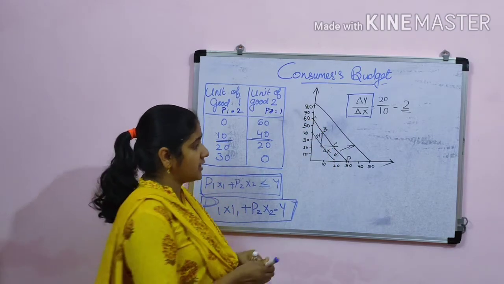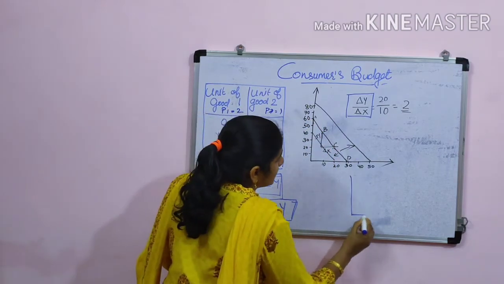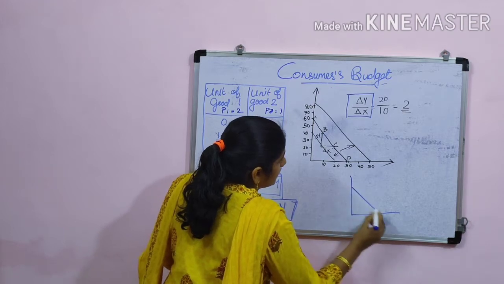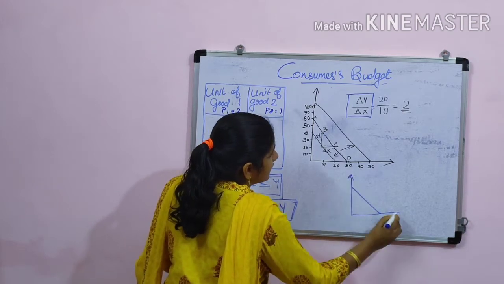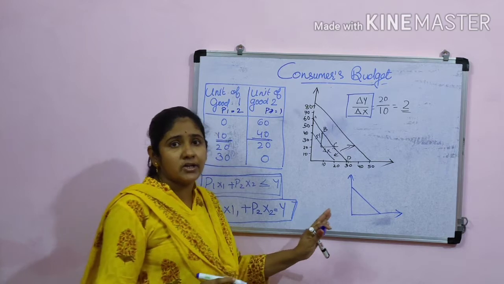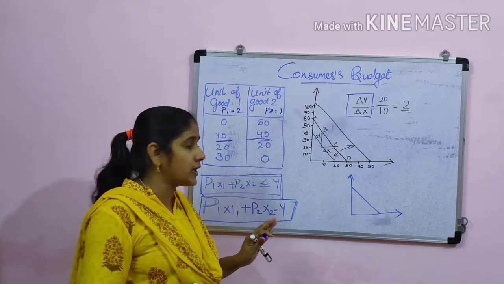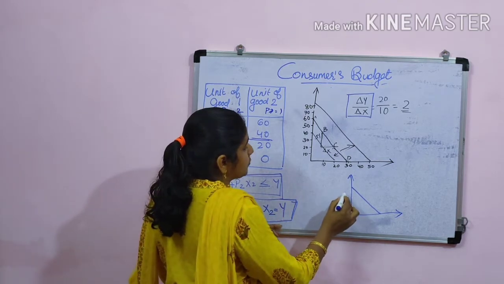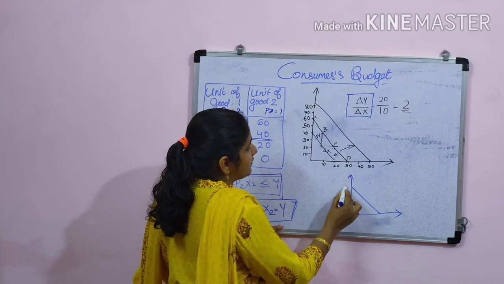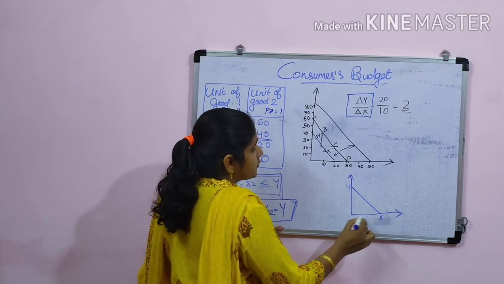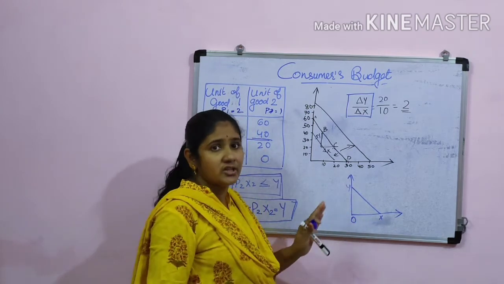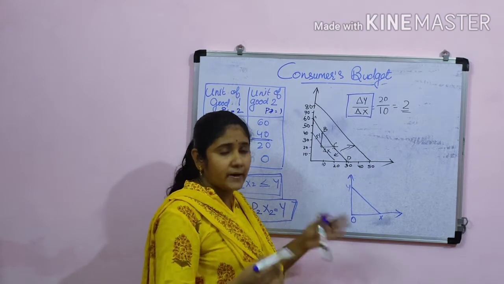For example, if his income is 60 rupees, this much amount of commodity the customer was able to purchase.